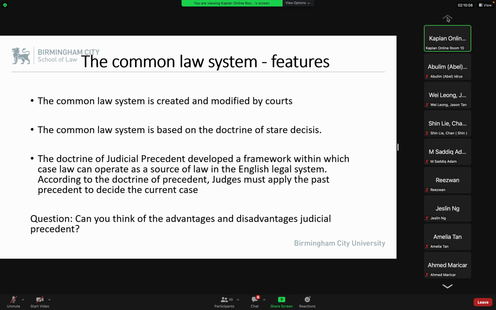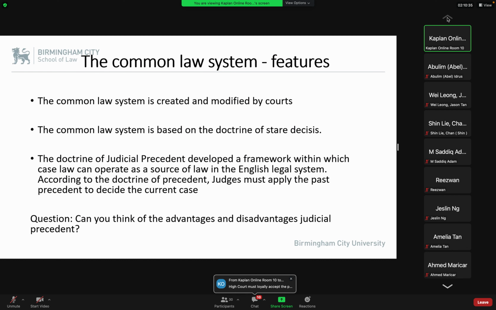For example, the High Court must loyally accept the precedent developed by the Court of Appeal and the UK Supreme Court, because in terms of ranking, Supreme Court is followed by Court of Appeal, followed by High Court.